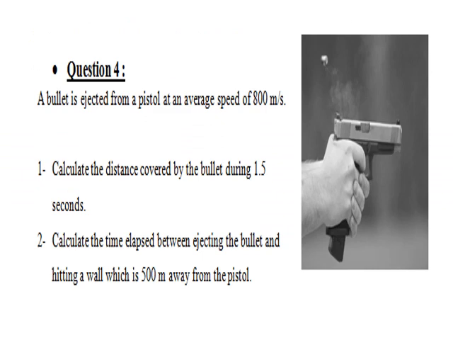A bullet is ejected from a pistol with an average speed of 800 meter per second. So the V average is 800 meter per second. This is how you have to think in the exam. I am going to read to understand the given, and then I have to start solving. Calculate the distance covered by the bullet during 1.5 seconds. How do I calculate this? First of all, V average is equal to distance over time.